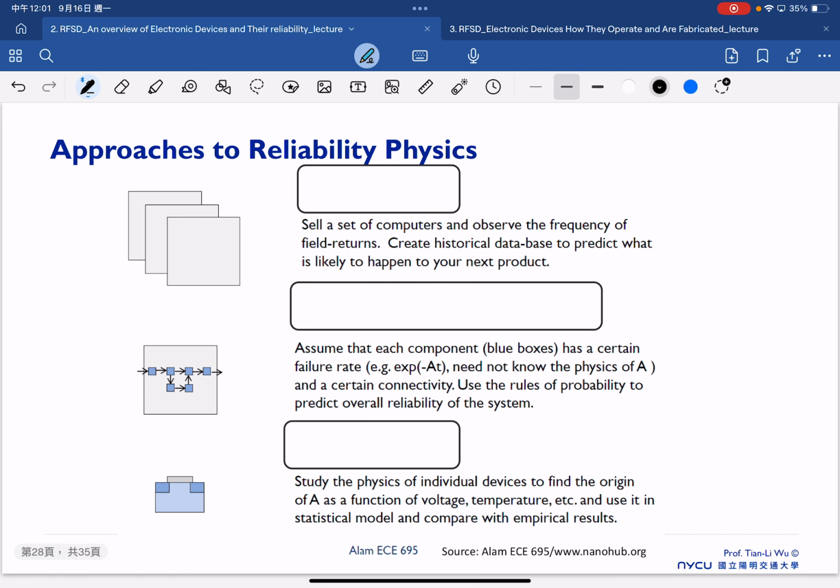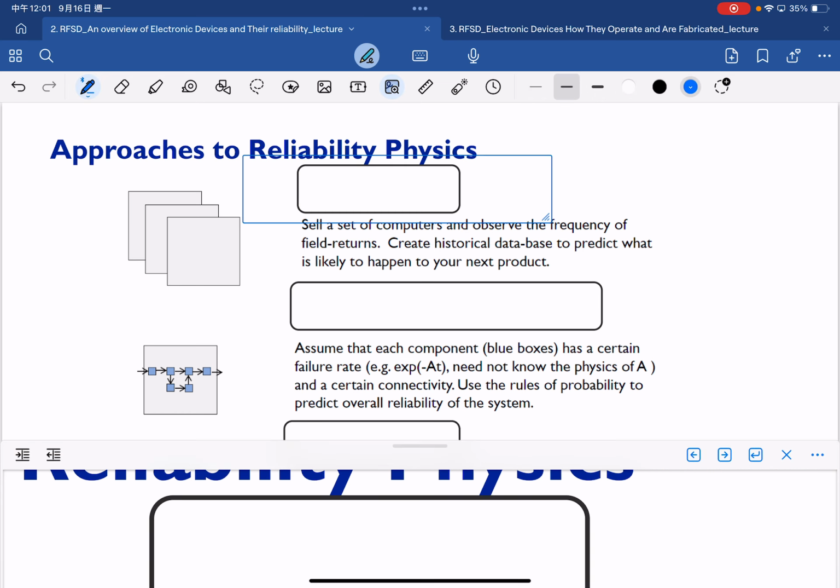And when we talk about the approaches to reliability physics, there are several approaches people very often use nowadays. The first one is the empirical approach.